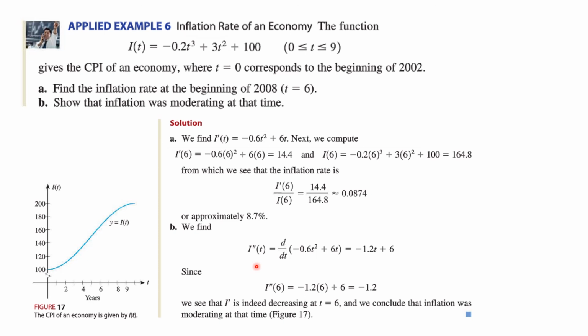That's taking the derivative of the first derivative. So I get this, and I plug in the value of 6. I see that this is negative. That means that I prime is decreasing, and we conclude that the inflation was moderating at that time.